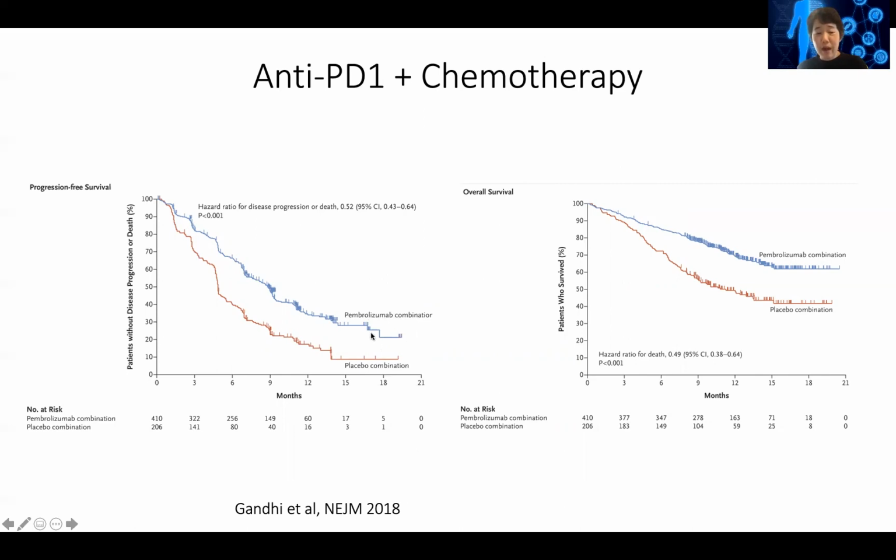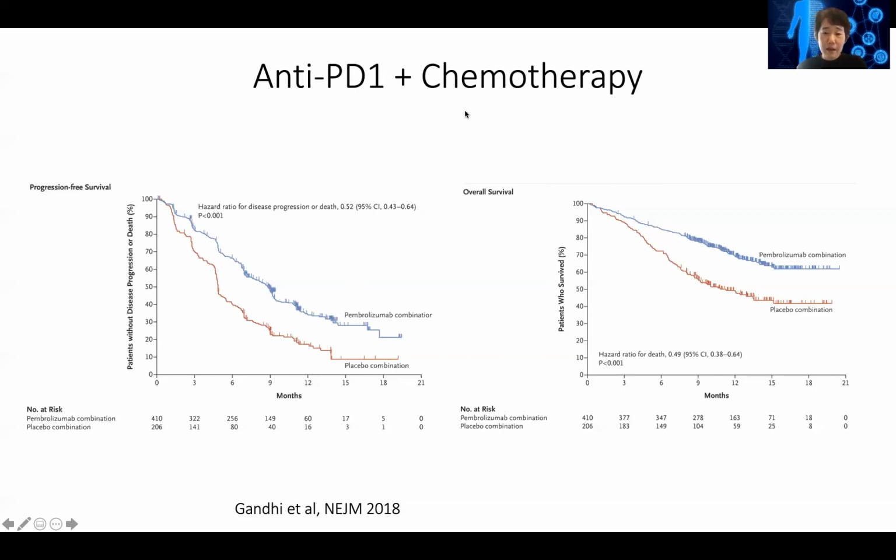And by the way, for this particular trial, they required patients to have over 50% of the cancer cells expressing PD-L1. And those are the patients that were allowed to come into the trial. And you can see those patients really benefited from an anti-PD-1 antibody in combination with chemotherapy. And this result is even better.